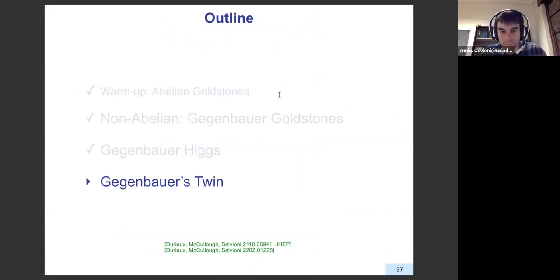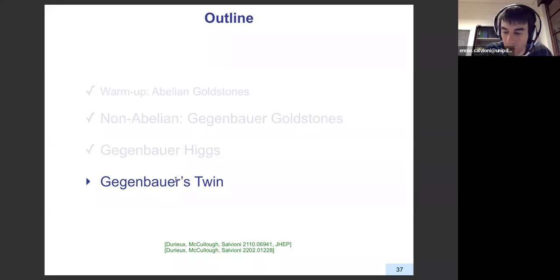In the previous case that we discussed, the problem that was forbidding the story to develop as one would hope is that the top loops were too large. There is a natural way to solve this, at least in principle, which is to make the top partners colorless. If the partners don't have color, then they can be much lighter than what I told you before, and so the overall size of the top potential can be naturally much smaller.